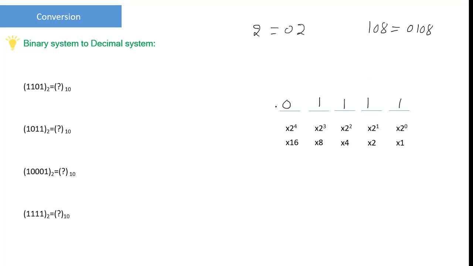In the same way, if you add 0 onto the left hand side, the value remains the same. So we have 1 times 1, that is 1, 1 times 2 is 2, 4, 8, and here it is 0. So we get 2 plus 8 is 10, that is 15. So the answer that we get is 15. I think it's very simple.